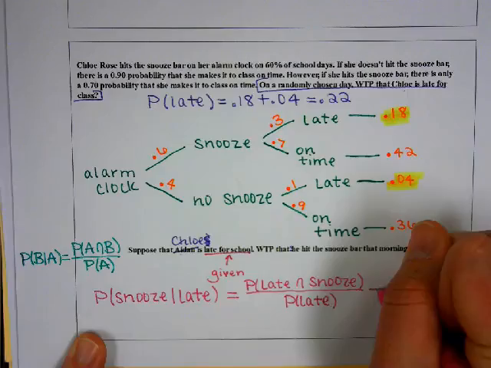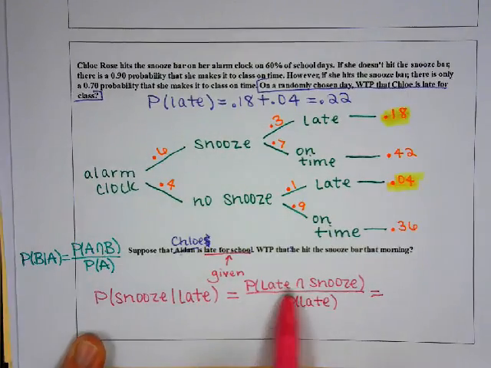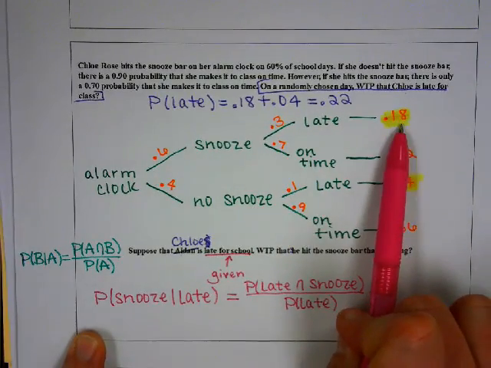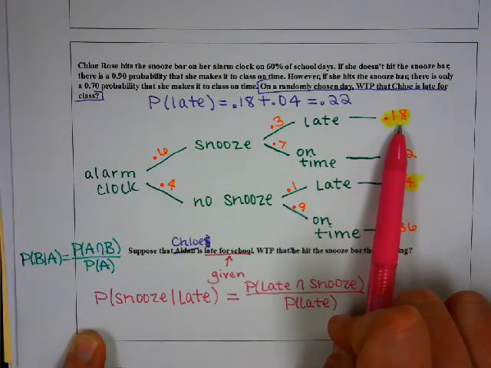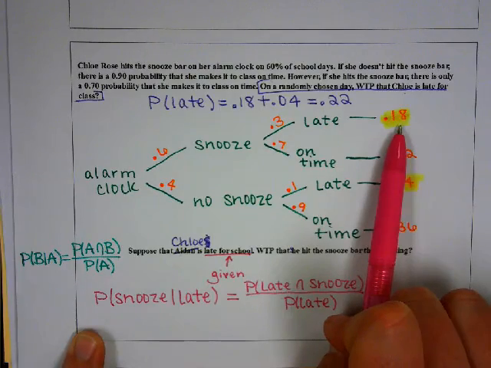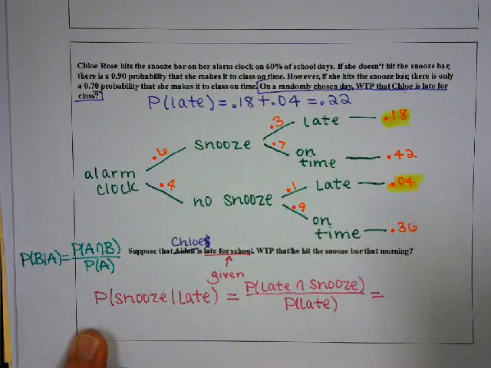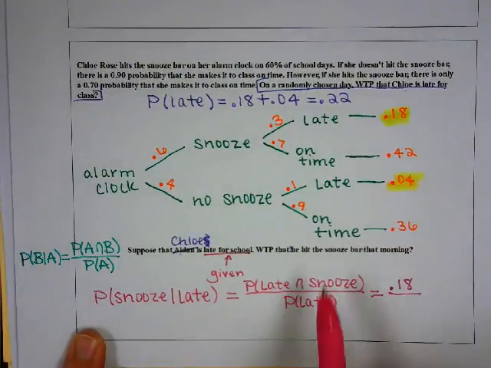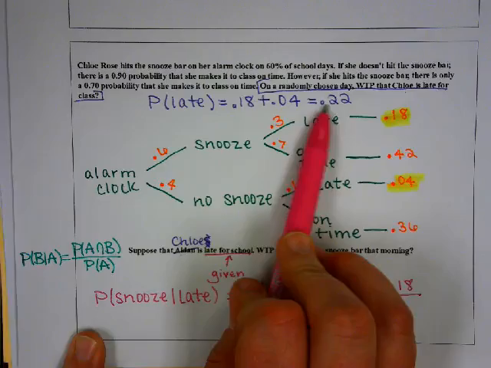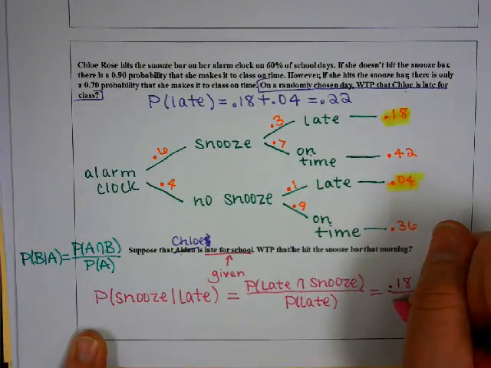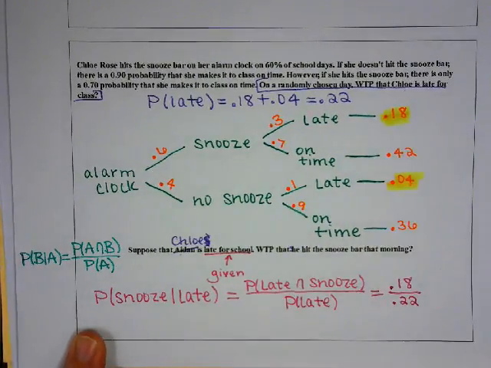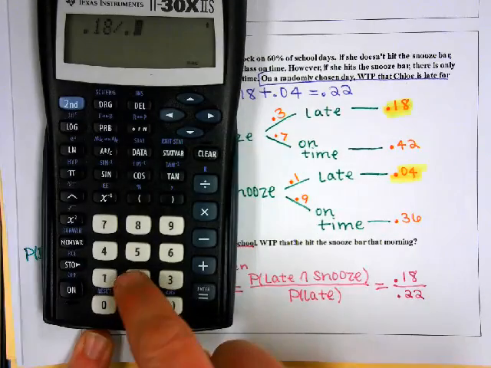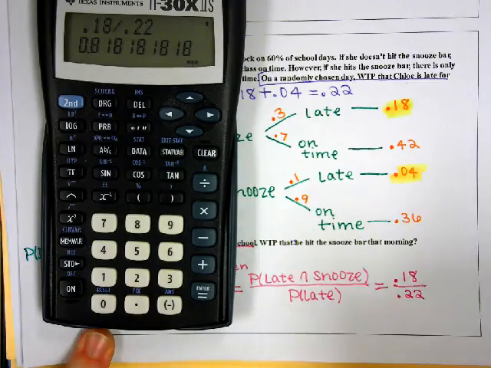Here's snooze, here's late, so here's the probability of being late and hitting snooze, 0.18 on top. And then the probability she's late, that's what we did up here, so we're going to divide by 0.22. So 0.8181, 8181, 8181.